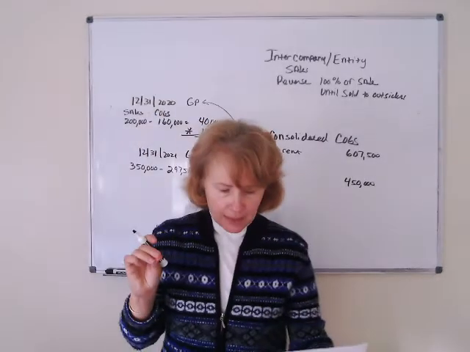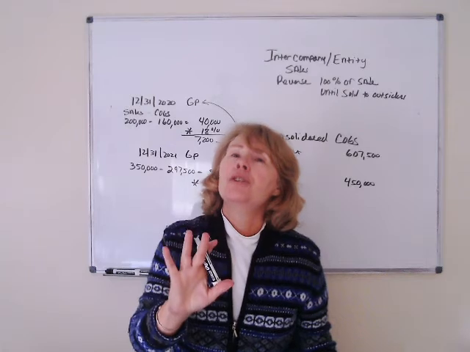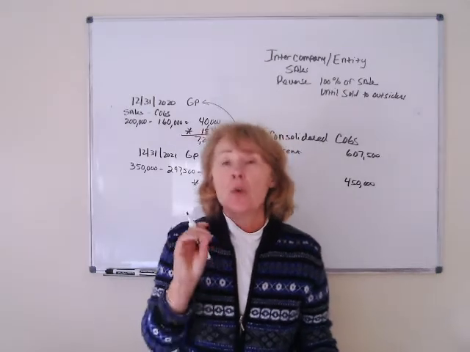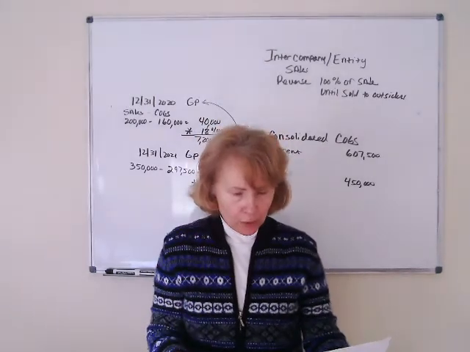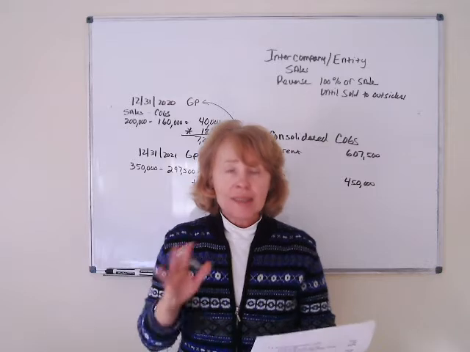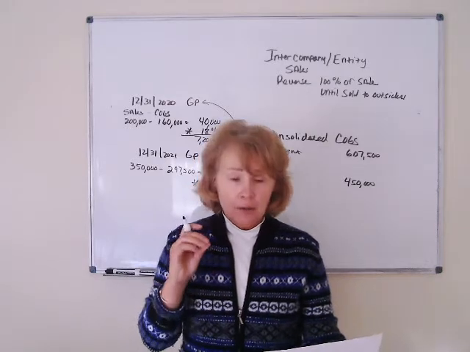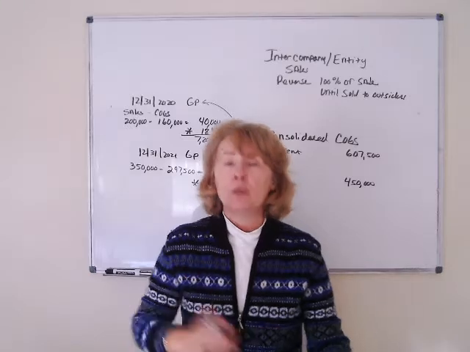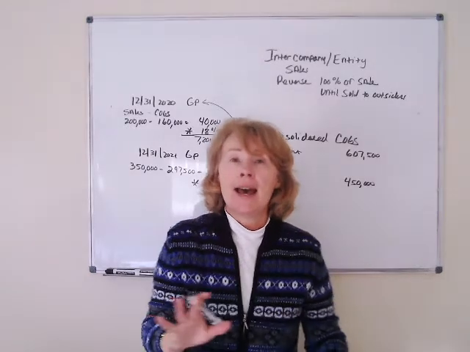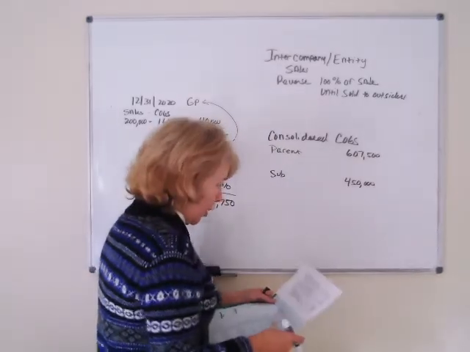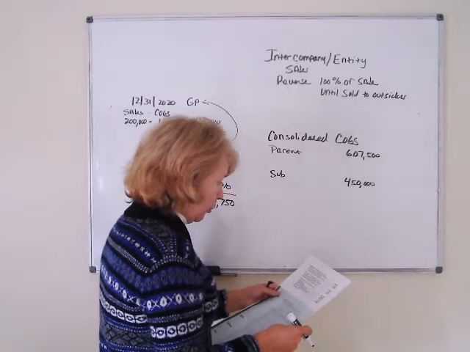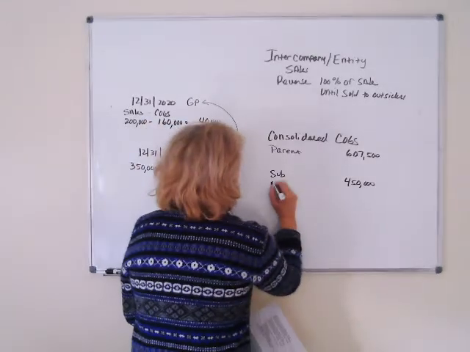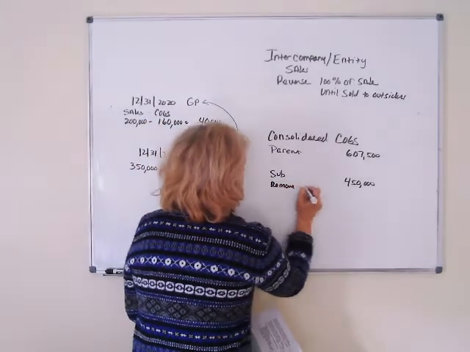First is the sale, only for 2021, because this question is only asking for 2021. The sale between the sub and the parent was $350,000. We will eliminate that at 100%, so we're going to remove the sale.